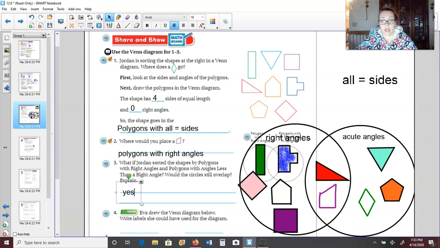So would the circles still overlap? Yes, because some polygons have both right and acute angles. So they would have to go in the middle.